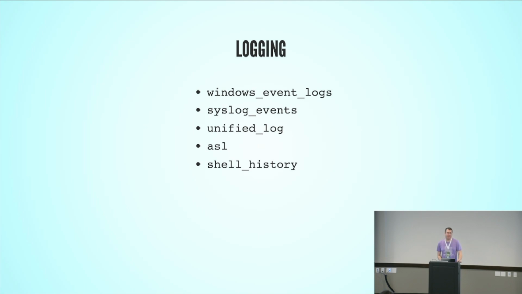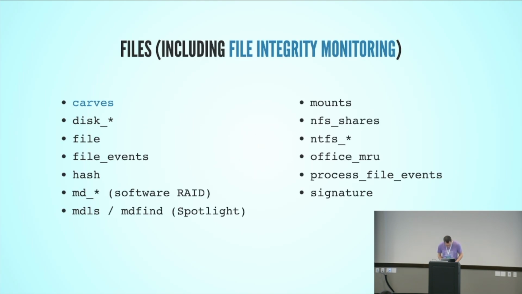For logging, you have both your system logs, whether that is the Windows version, the Mac OS version, the Linux version, or even shell history, in cases of, well, I might have a compromised machine. Let's see if there's anything in the shell history saying that somebody was trying to set up a reverse shell or the like.